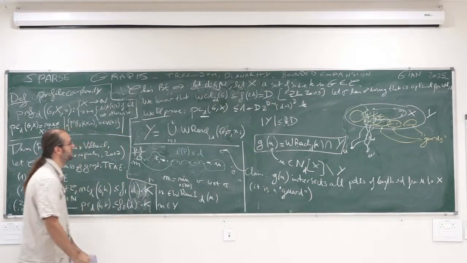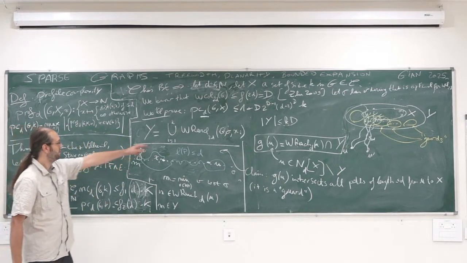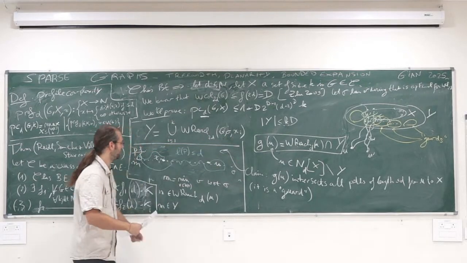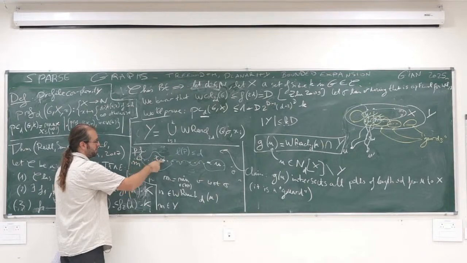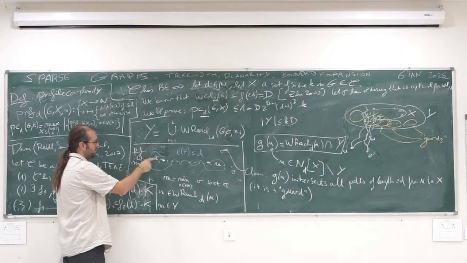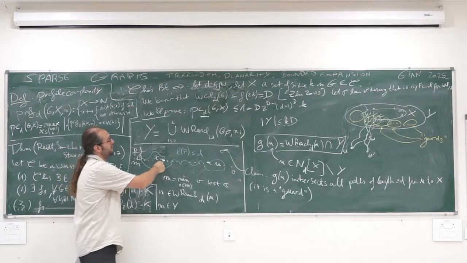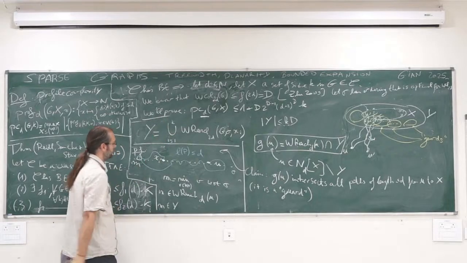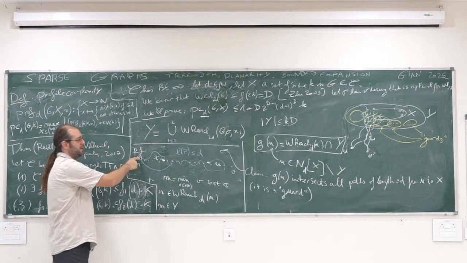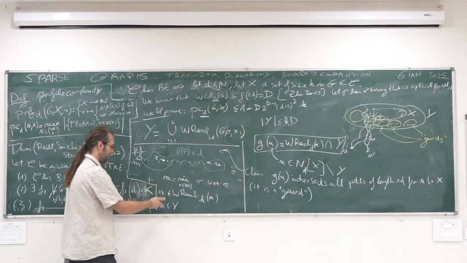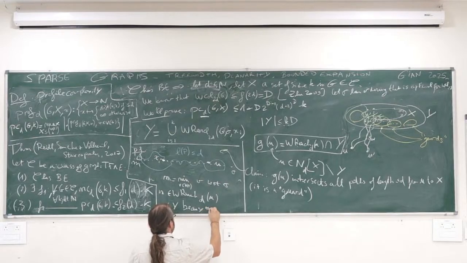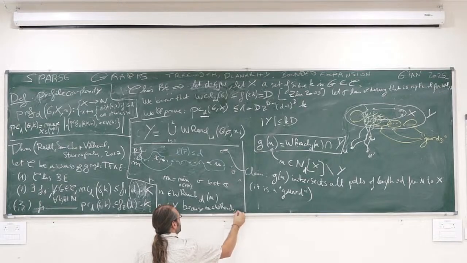But remember what was Y? Y was the union of all the weak reachabilities of the Xi's. So this is also a path of length at most D, and this is also minimum. And this is weakly reachable from Xi. Xi is in X. In fact, this is much better because this is at most D, not 2D. So it's definitely also in the weak reachability of my Xi. So M is in Y, because M belongs to weak reachability D of Xi.